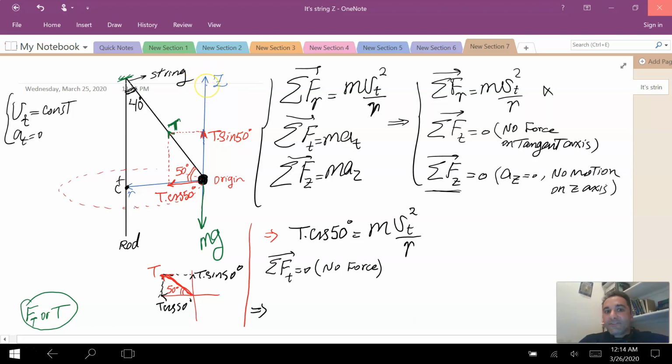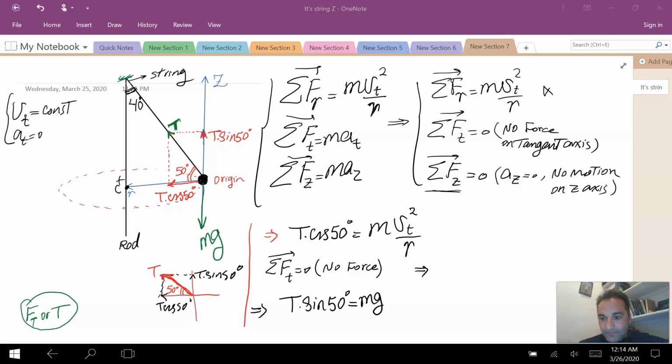No, z is just an axis. Your forces on the z-axis are mg and T sine of 50. And remember, anything upward is positive, down is what? Negative. Therefore, I am going to have T sine of 50 equal to mg. Am I right?